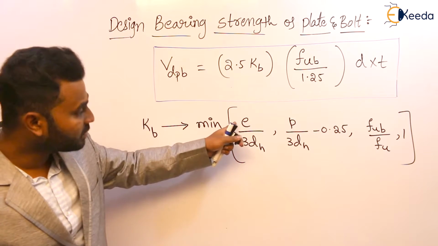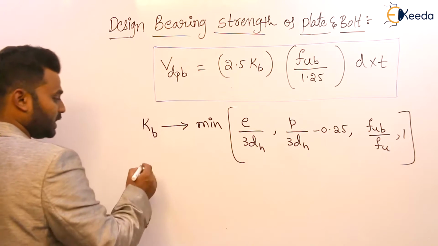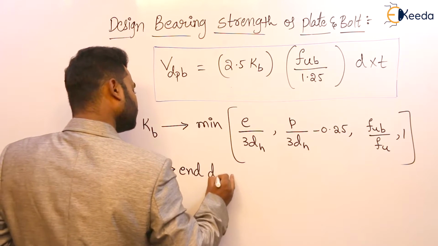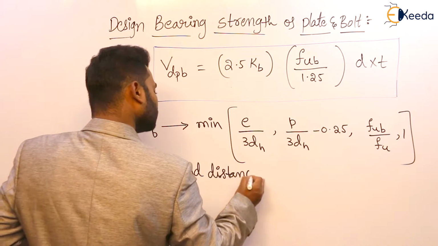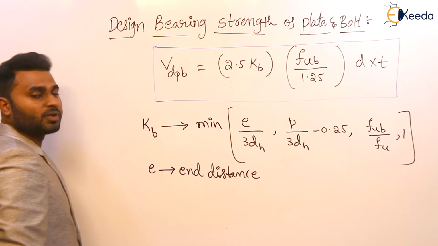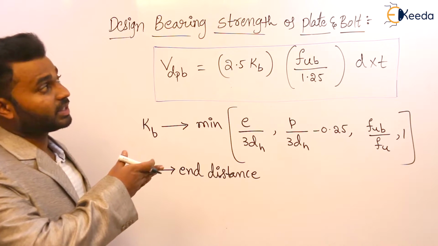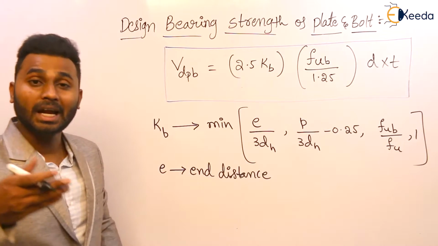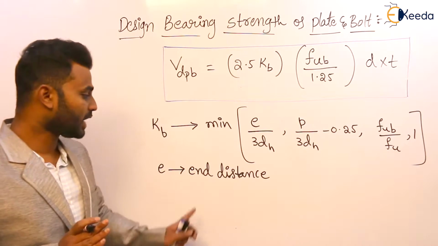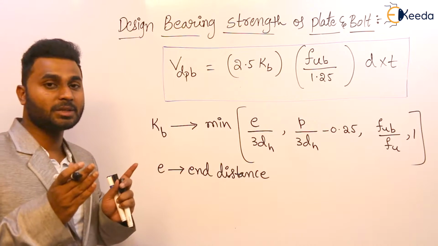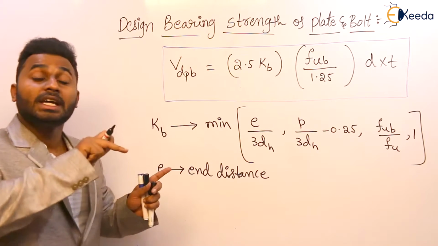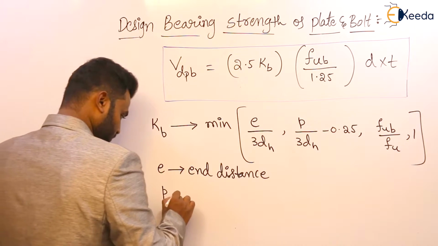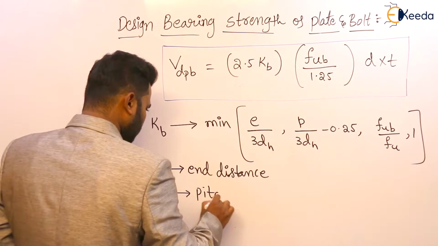Clear? Now let us see the terms in this expression. First of all, e is nothing but the end distance. We know what end distance is. In the beginning of this design of bolted connections itself, we discussed in detail the terminology and then the specifications. End distance is the distance between the bolt hole and the nearest edge in the direction of the force. And p is the pitch. This also we have discussed.